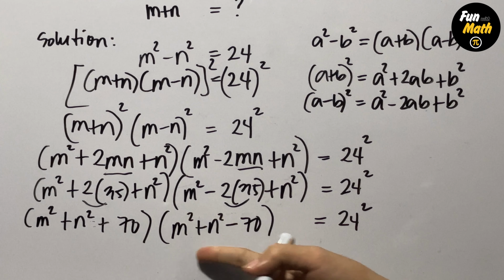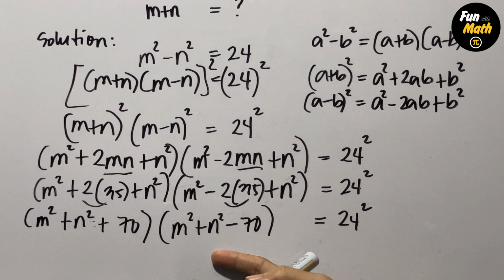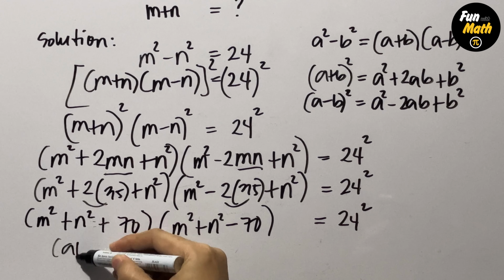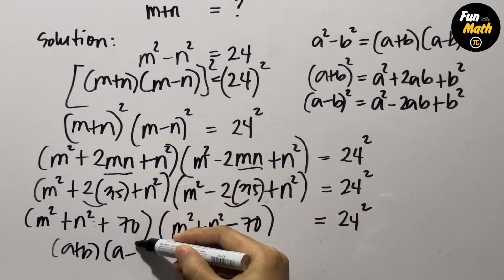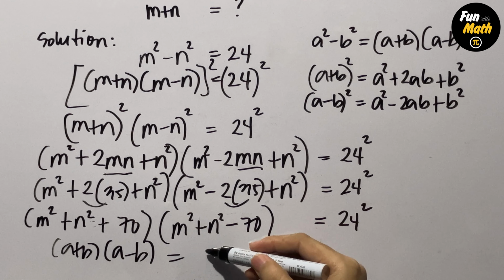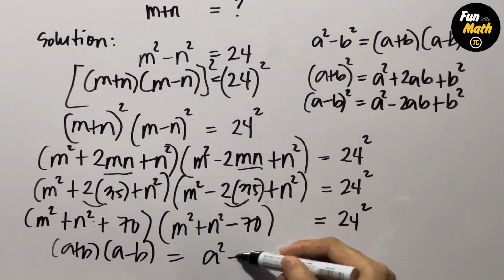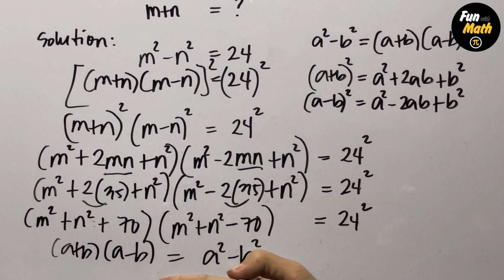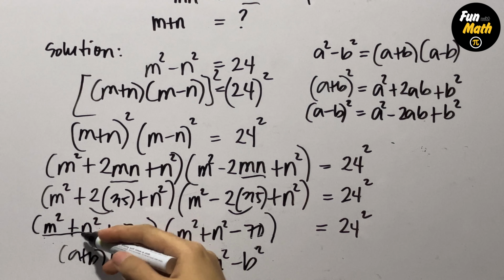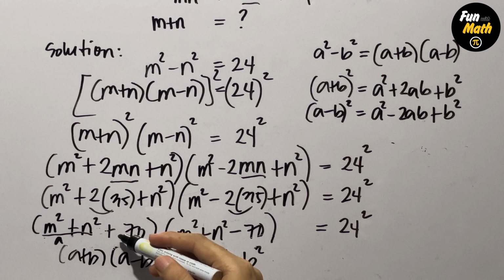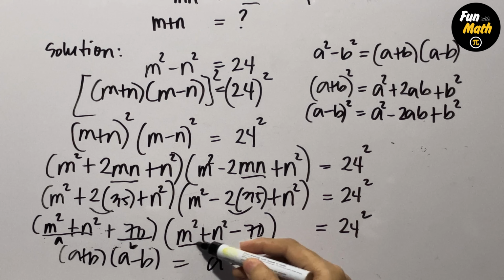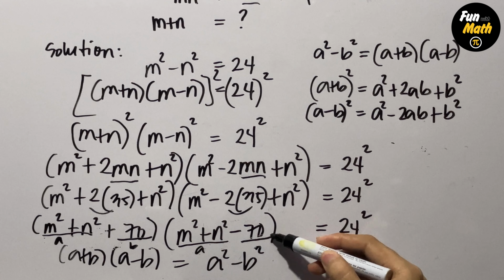Now, for these two, this looks like an identity: a plus b times a minus b, which is equal to a squared minus b squared. So this is our a, and this is our b. And on this side, this is our a, and this is our b.